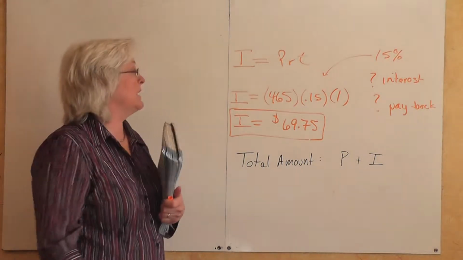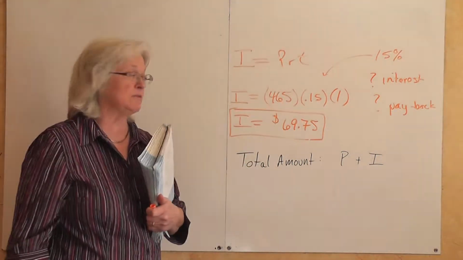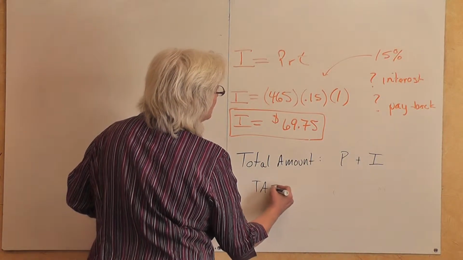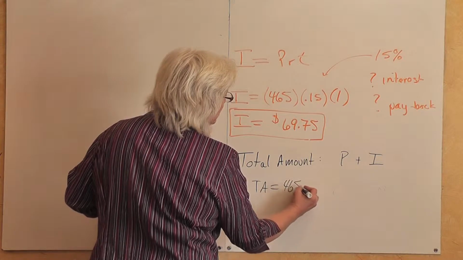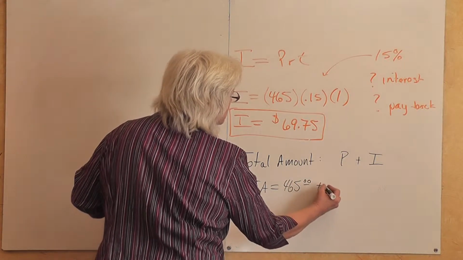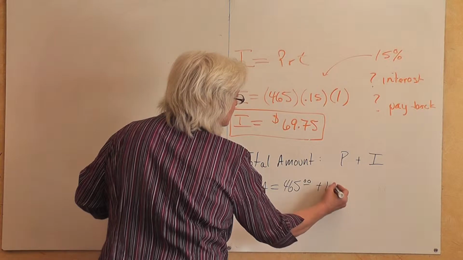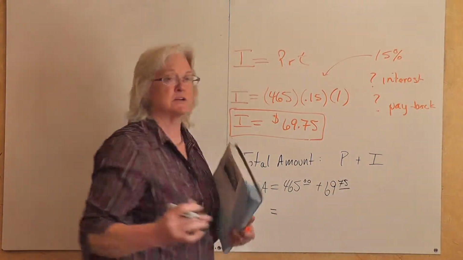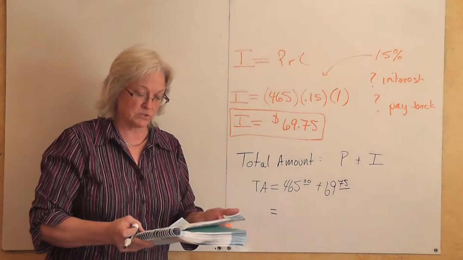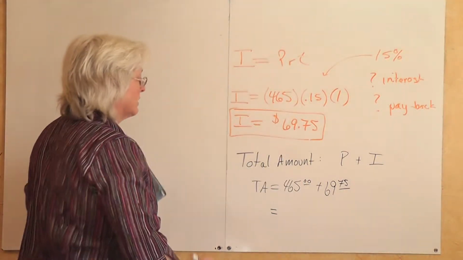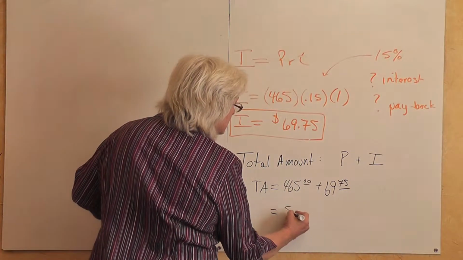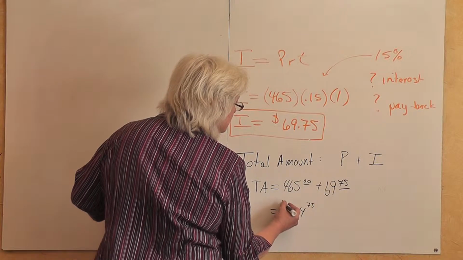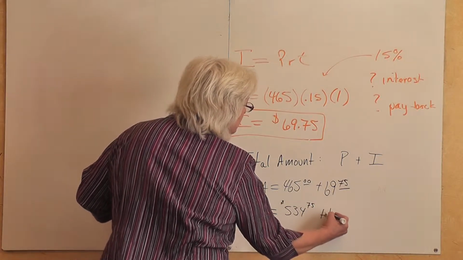So how much is he going to pay for this $465 bike? I'm just going to call this the total amount is the principal of $465 plus the interest of $69.75 gives us the total amount that he pays. I'm going to cheat here, $534.75. This is the total cost of the bike.